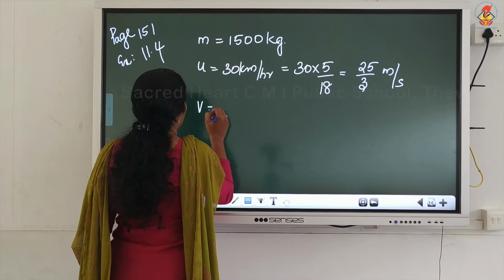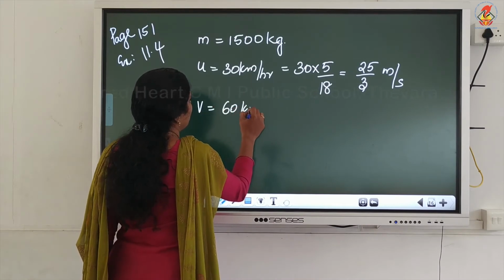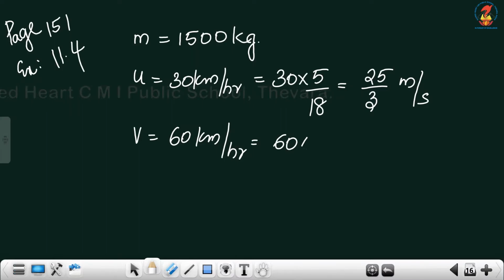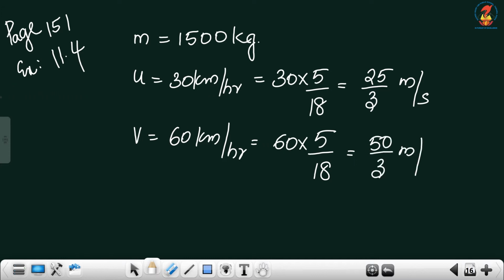V equal to 60 kilometer per hour, that is equal to 60 into 5 by 18. So, when you do the calculation, you will get the answer 50 by 3 meter per second.